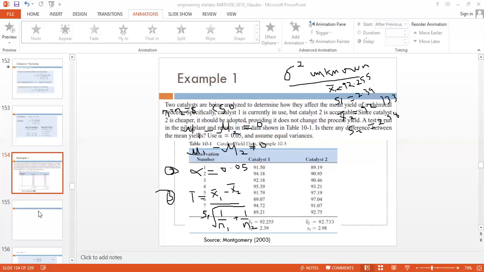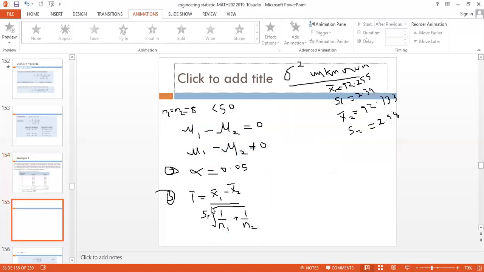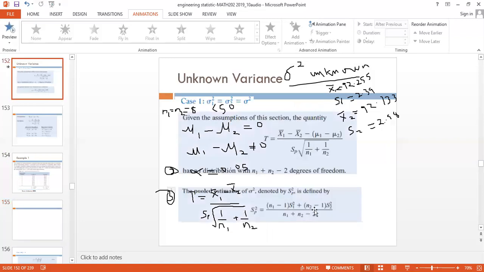So we first have to calculate s pooled, and we know that is a weighted average: n1 minus 1 times s1 squared, plus n2 minus 1 times s2 squared, over n1 plus n2 minus 2.